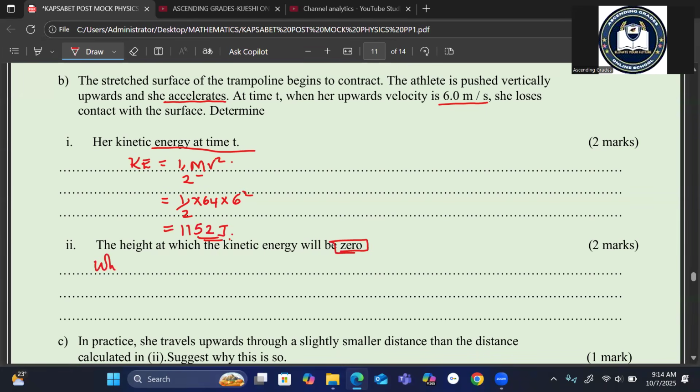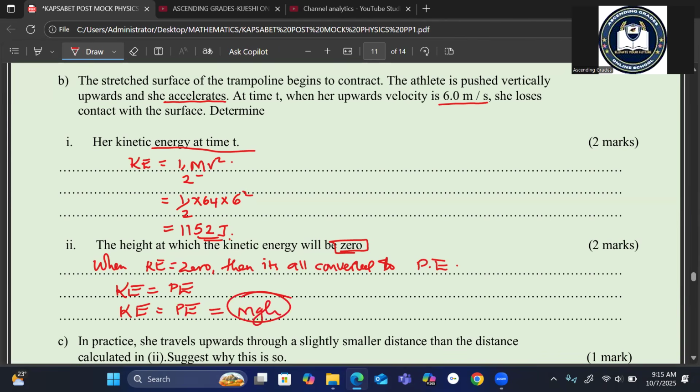So when KE is equal to 0, it's all converted to potential energy, meaning that KE will be the same as PE, given by mgh, because this is what we want as per our question.